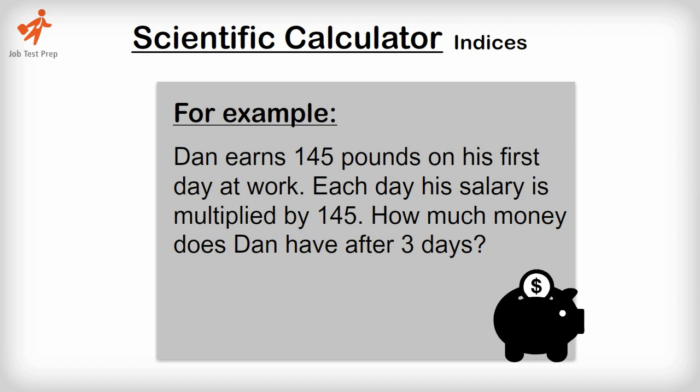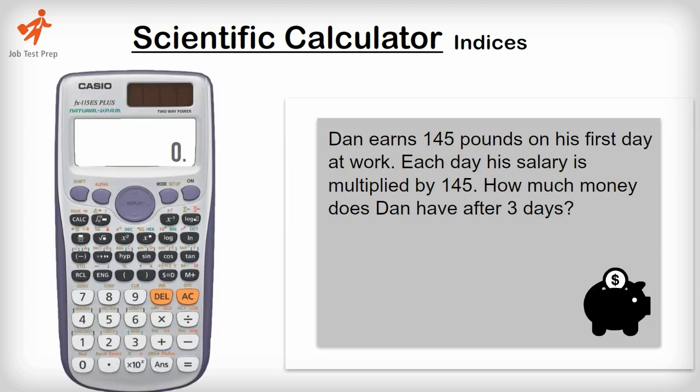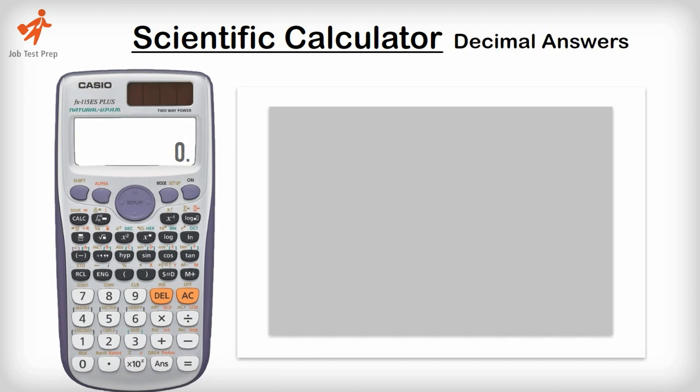Each day his salary is multiplied by 145. How much money does Dan have after 3 days? Let's use the calculator. Typing in 145 followed by x with an empty box in the corner button, and then 3, and then equals, will yield the answer of £3,048,625.